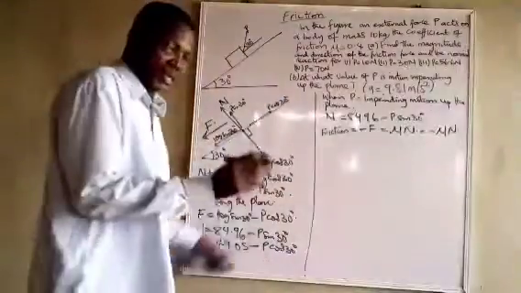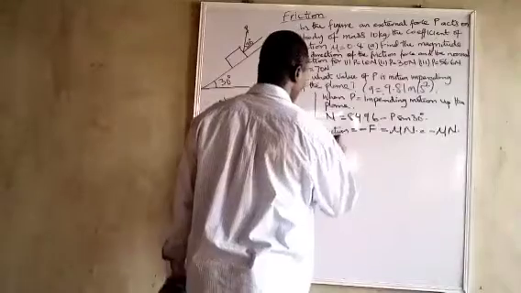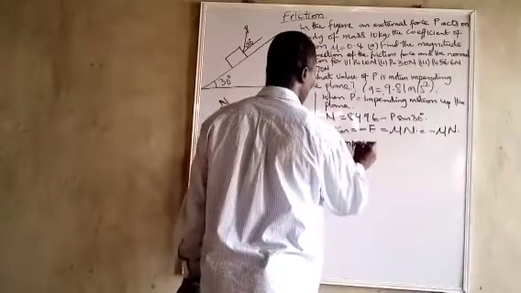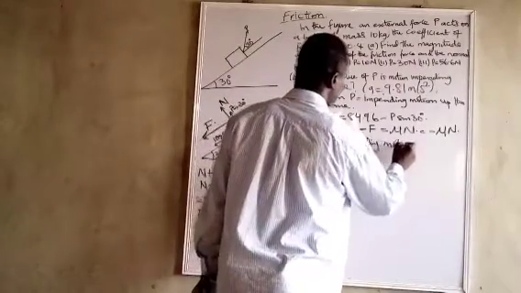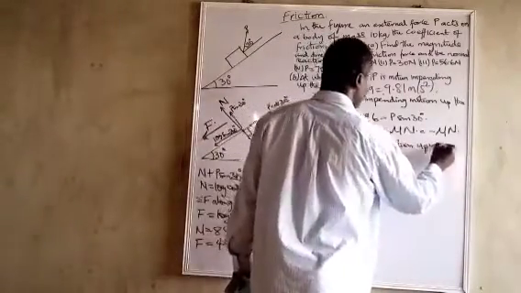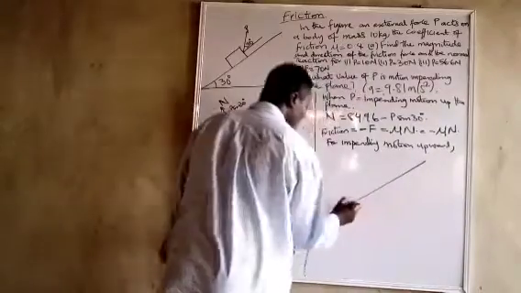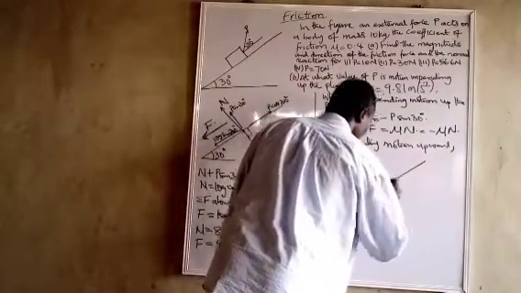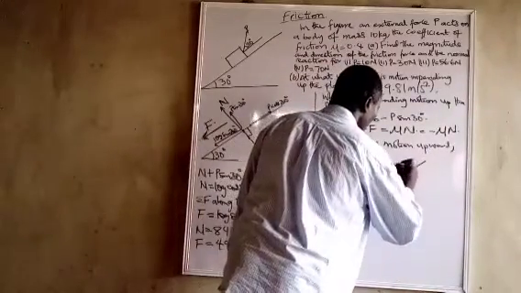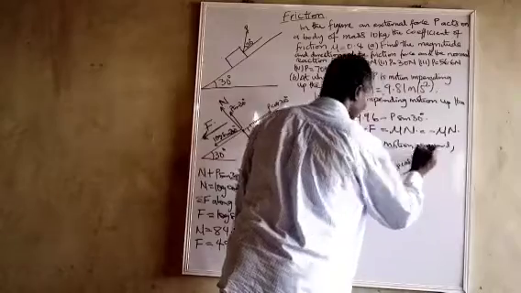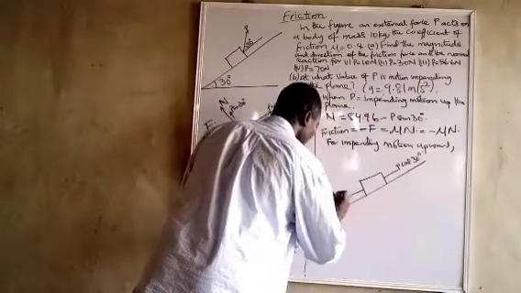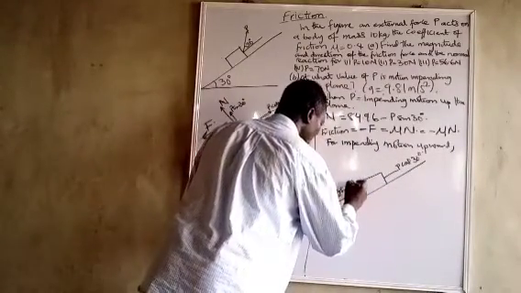Or to make it simpler, for impending motion upward, look at the plane. We have something like this. So P cos 30 degrees, I have mg sin 30.